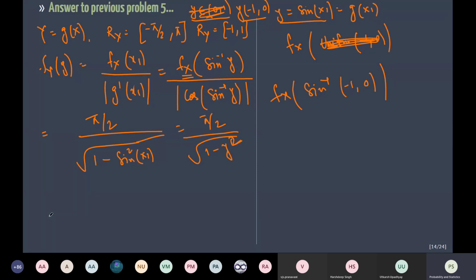Now I will go for y in 0, 1. Okay, and if I go for y in 0, 1 range, then let us continue.